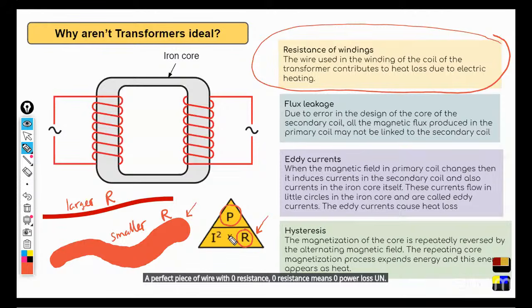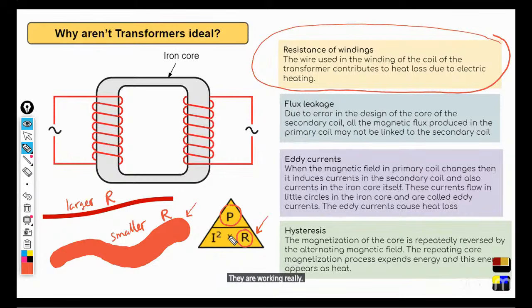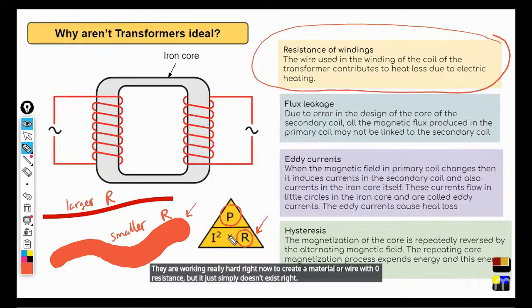Unfortunately, guys, no such wire has been invented yet. Believe me, scientists are working really hard right now to create a material or wire with zero resistance, but it simply doesn't exist right now. That will be an amazing breakthrough in science when it is invented.